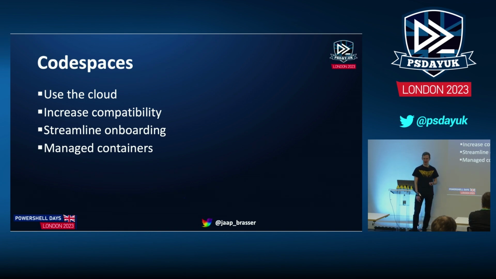So that's also how I got started with it. You get better compatibility because you can choose your operating system, chipset, all that kind of jazz. So you could even spin up a code space that runs your project in Linux or runs your unit tests in Linux. So you can just see directly if your code is going to run on a different operating system.